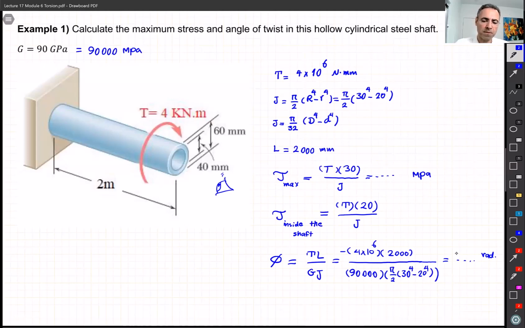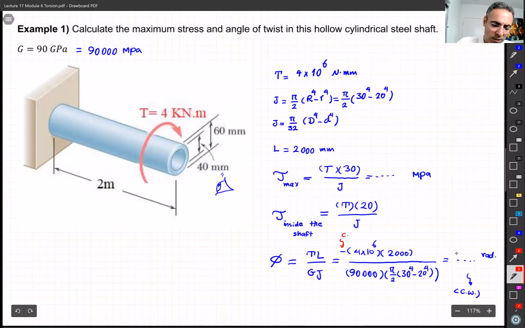Or we just simply need to say that the twisting for this one is going to be clockwise. All right, any other question? Are we good? Okay, let me write it down here so later you know. It is clockwise.